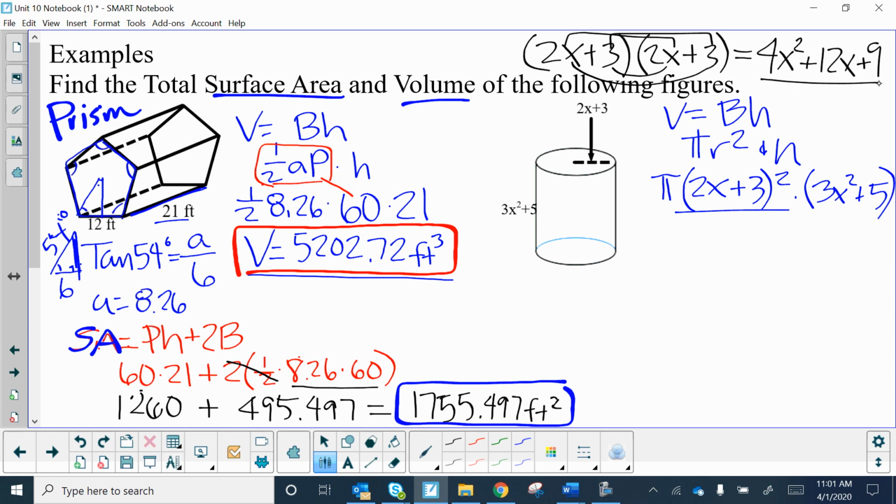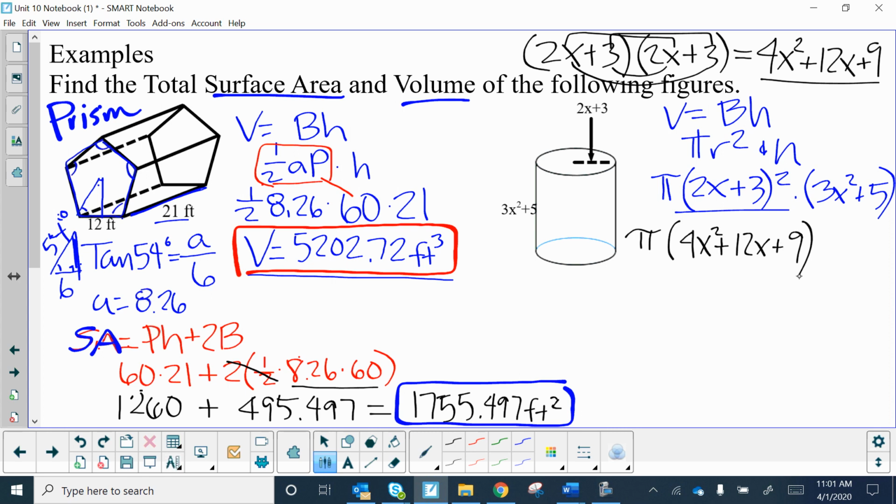So I'm going to go ahead and write out my new one. So I have pi times 4x squared plus 12x plus 9.